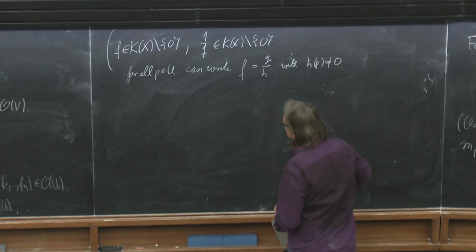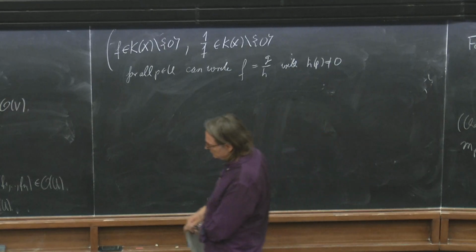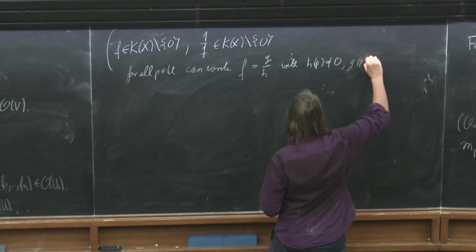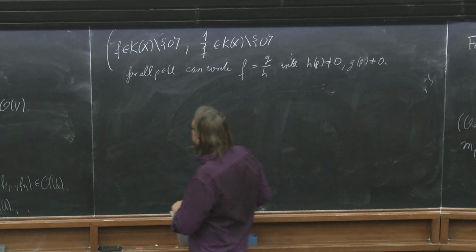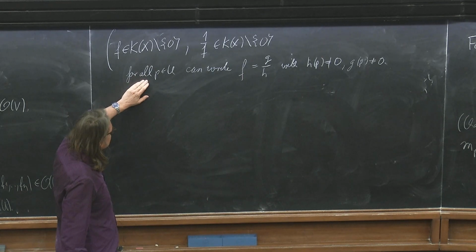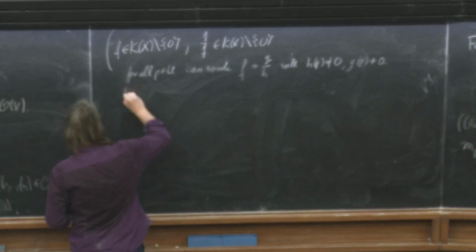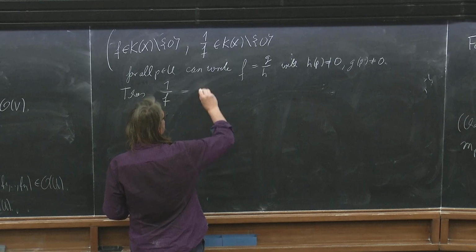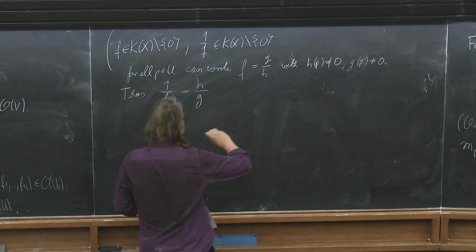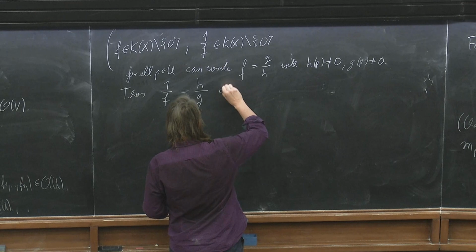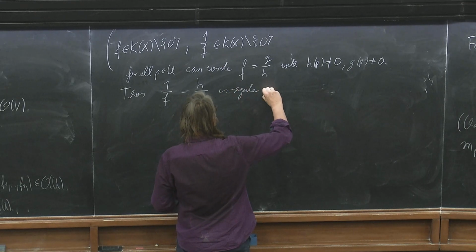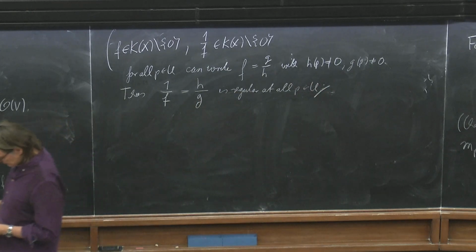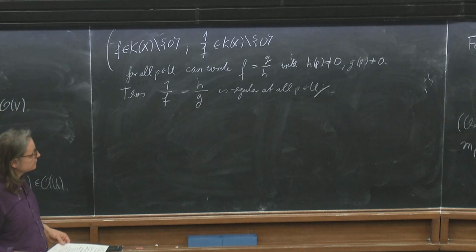That's because it's defined there, and it's also supposed to be non-zero, so also g(P). That's precisely the definition of this thing being regular on U. But then obviously 1 over f, which is h divided by g, is also regular at all P in U, directly from the definition.